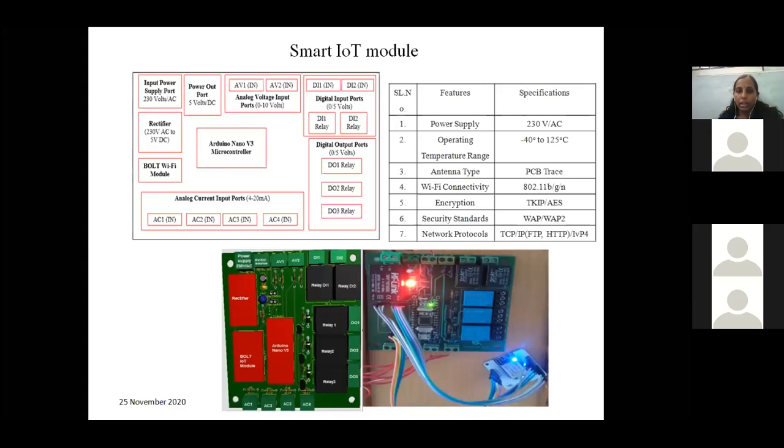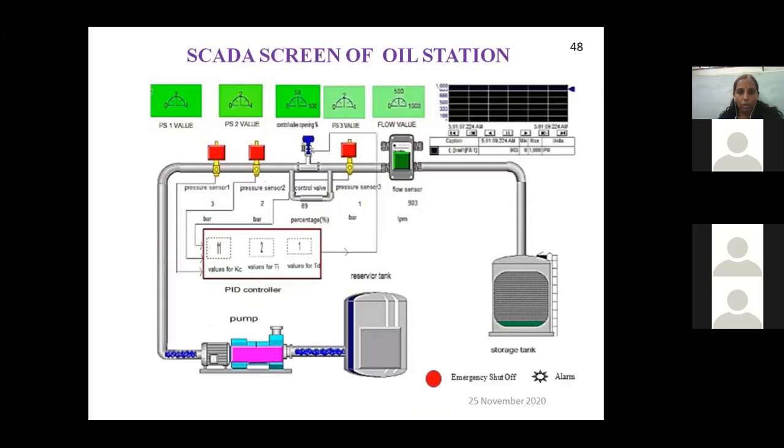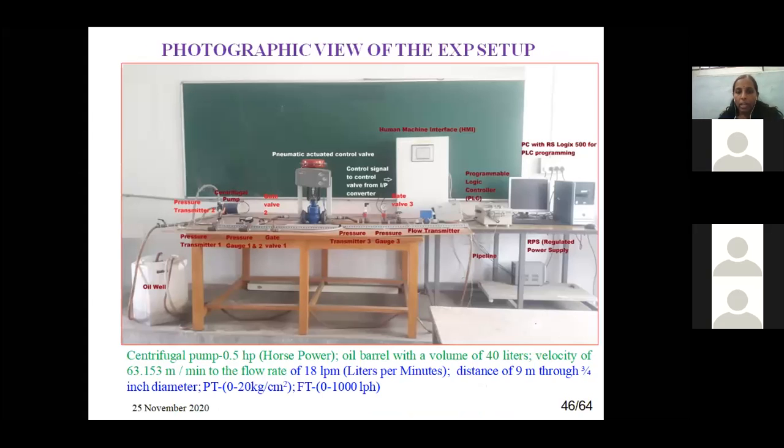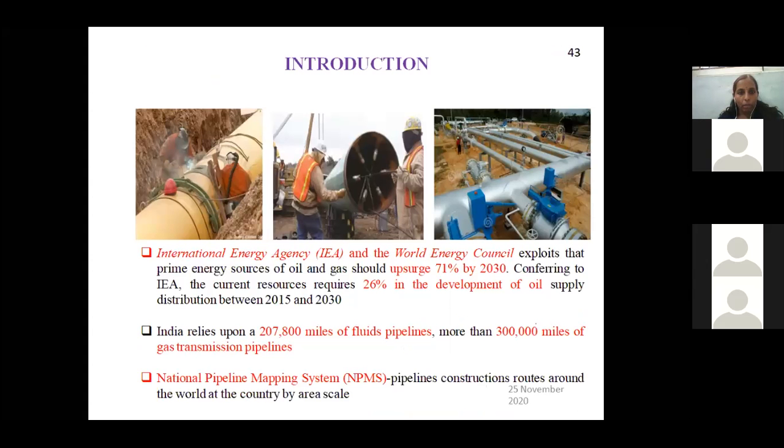Let me show you this diagram. In our example, it is an oil pipeline. When a crack and leak occurs, it is based on the pressure built inside it. On each and every station, we are going to connect different sensors, that is, wireless flow as well as pressure sensors.